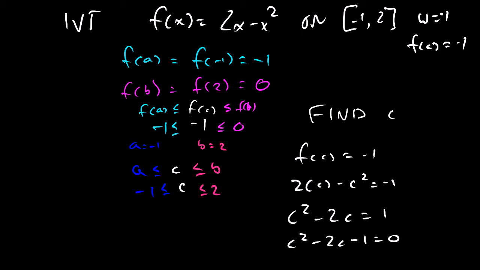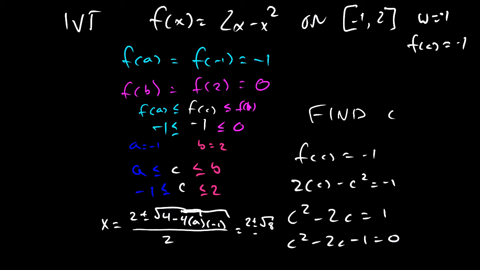So if we do quadratic formula, x is equal to -b, which is 2, plus or minus the square root of b squared, which is 4, minus 4 times a times our -1, a is just equal to 1, all over 2 times a, which is 2. So this is equal to 2 plus or minus the square root of 8 over 2.